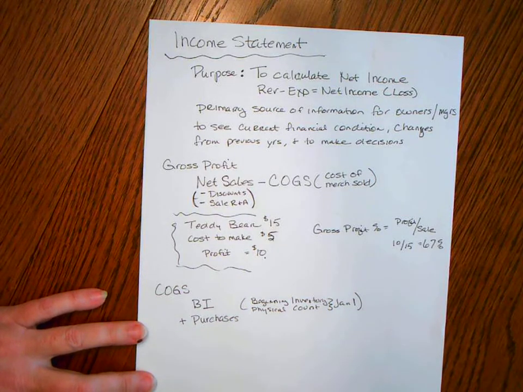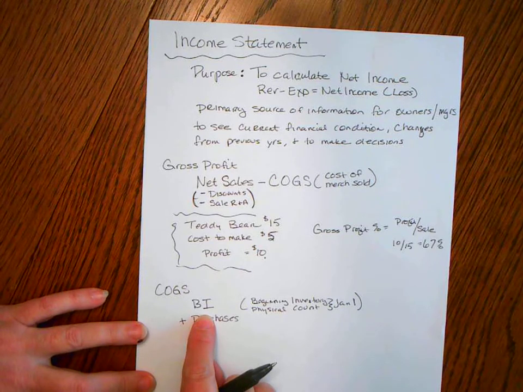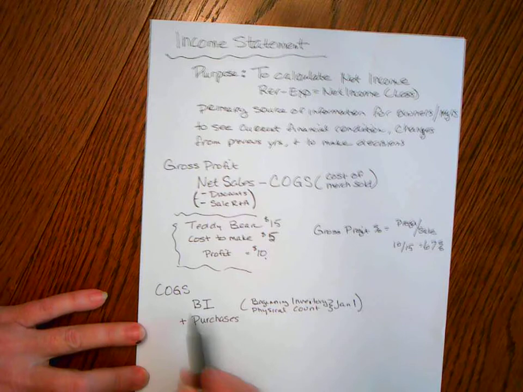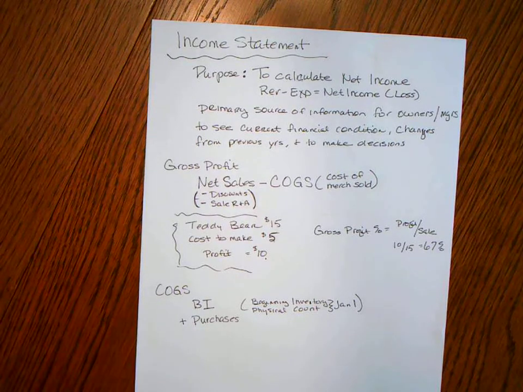So we've got to find that number for January 1. It actually should be in your ledgers, in your trial balance. We just have to know where to find it. So that's all the inventory we had on January 1 sitting in our warehouse or on our shelves.